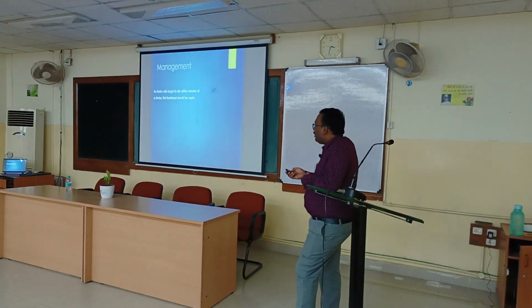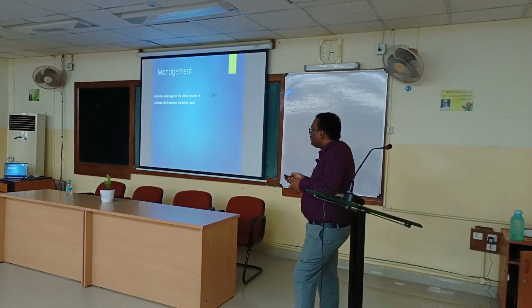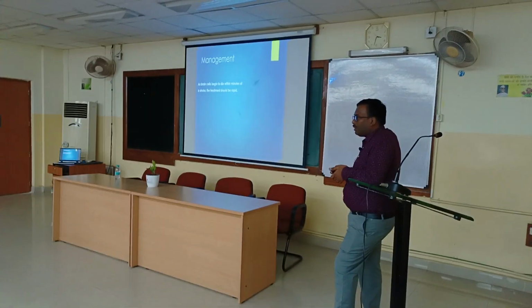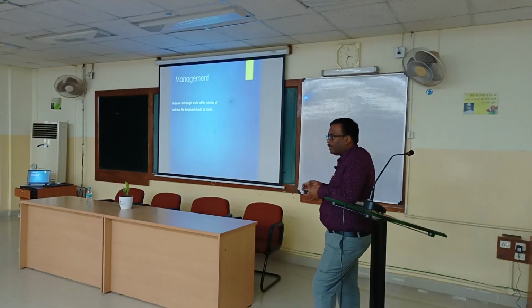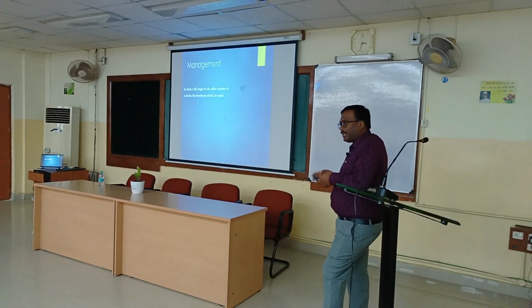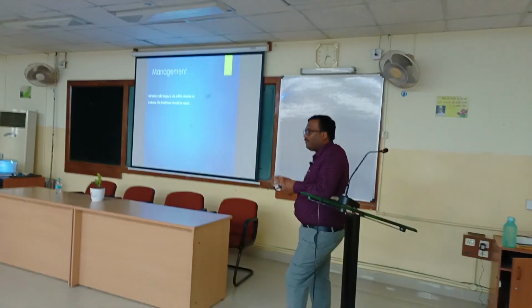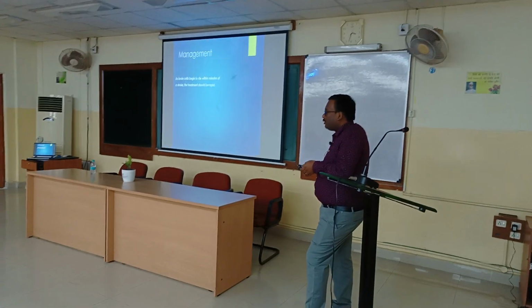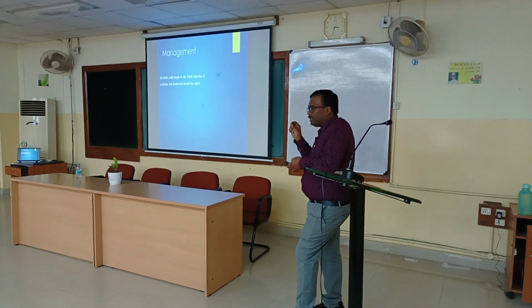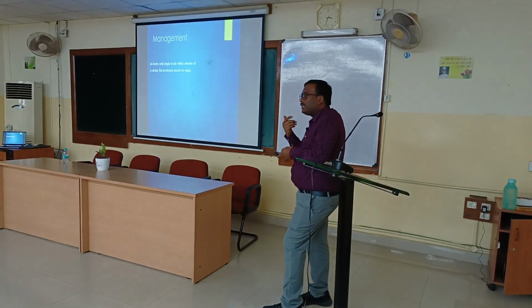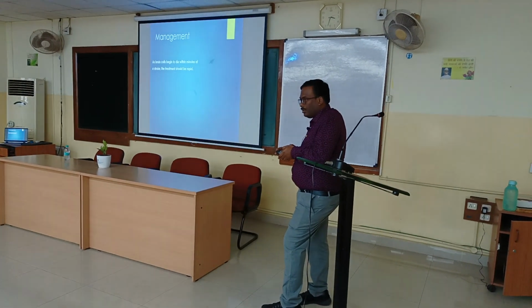So, management. As brain cells begin to die within minutes of a stroke, the treatment should be rapid. This is important because each neuron is very important. We have more than 5 million neurons in our brain, actively working continuously, even when we are asleep. Every neuron works even while sleeping. When oxygen comes down, within 8 minutes the brain can get completely damaged.